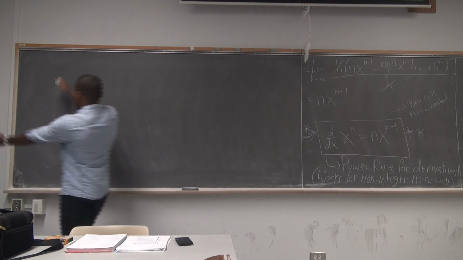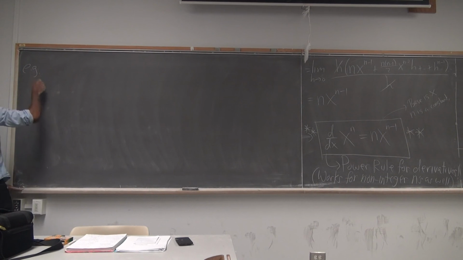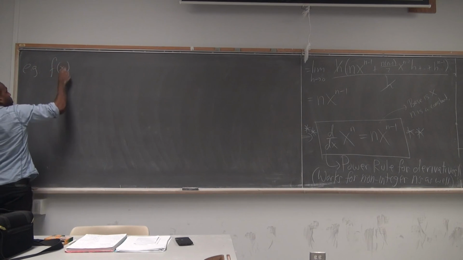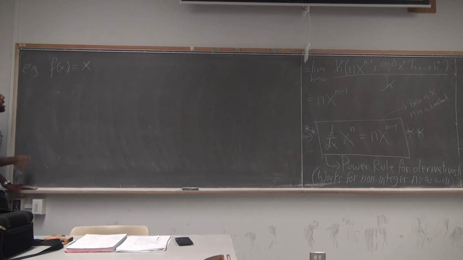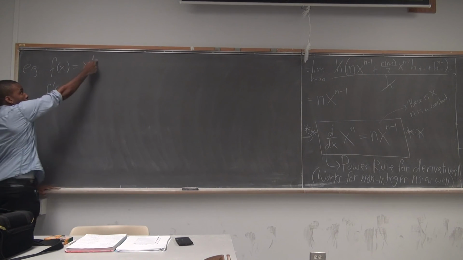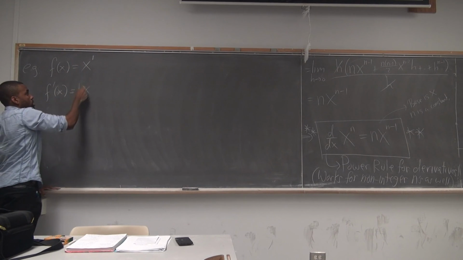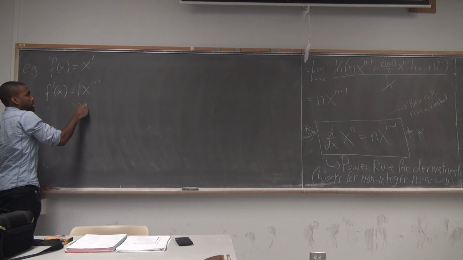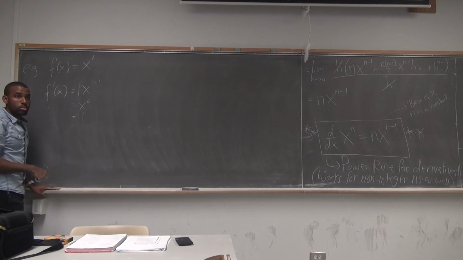So, for example, if I told you that f of x was the function x, and I asked you what is f prime of x, it will be 1. Why would it be 1? Well, x means x to the 1. You bring that 1 down in front, you get 1 minus 1. You just end up with x to the 0, which is 1.